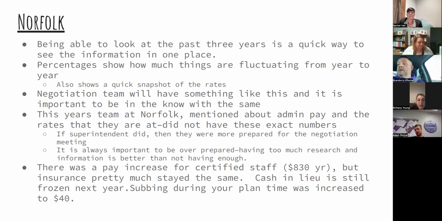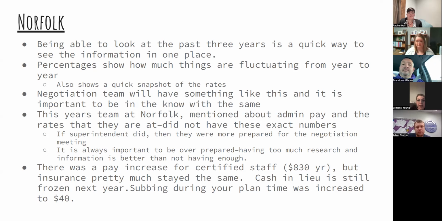This year's negotiation team had something like this, but for some reason, even though it's on our website, they could not find admin pay. That was wild to me, because I went in today and yesterday and found it in 2 seconds. If they had asked some of the right people, they could have had that.